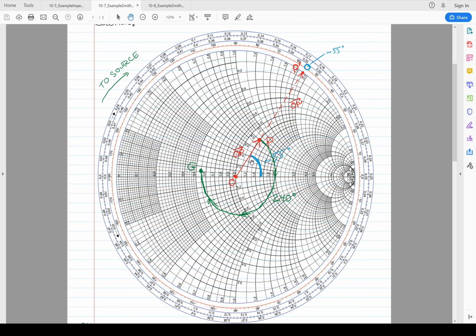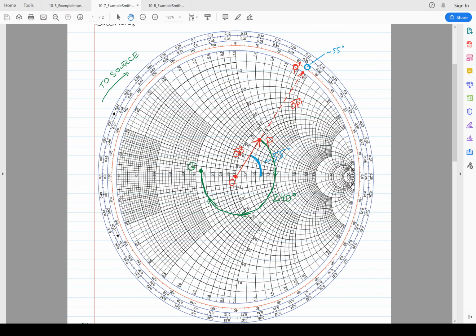What I've done here is I found the origin first of all, and once I'm at the origin, I've connected, using a straight edge, the points O and P. I've labeled that ray OP.